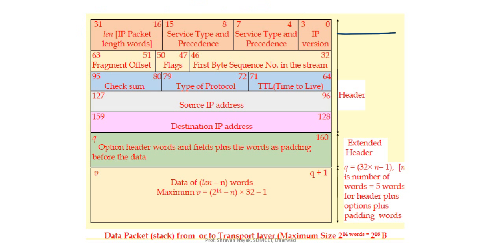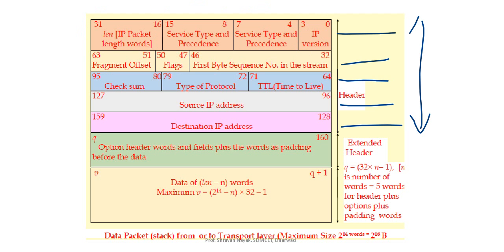So again, what exactly is there in this header field? There are, you can see so many things, right? So IP packet length words, you have service type and precedence, right? IP version, fragment offset, flags, first byte sequence number in the stream, checksum, type of protocol, time to live.